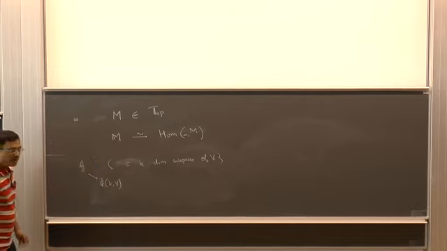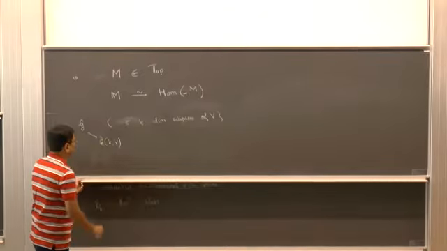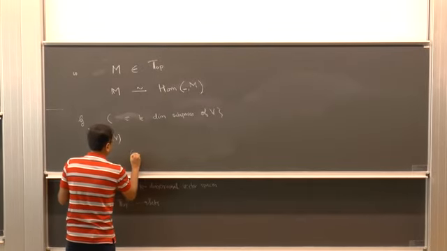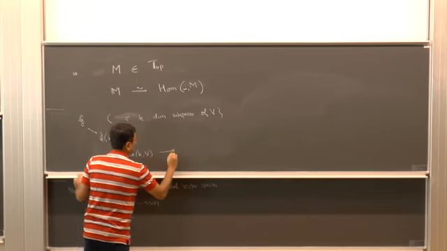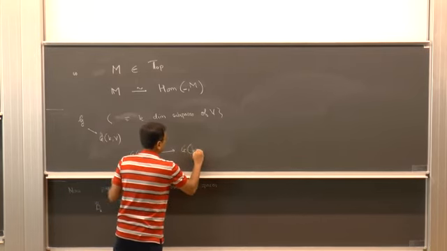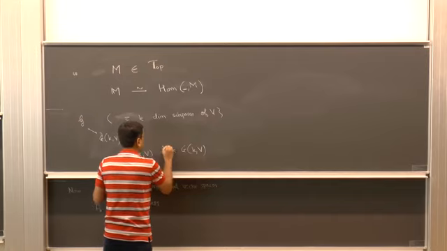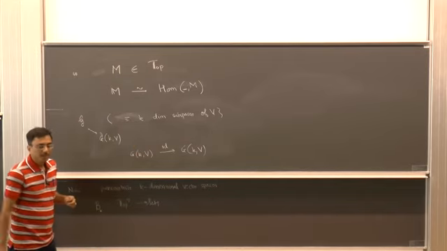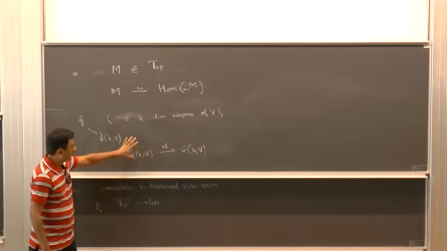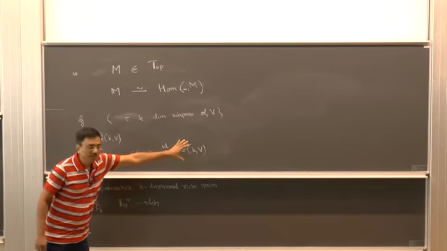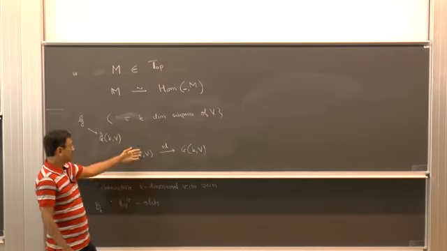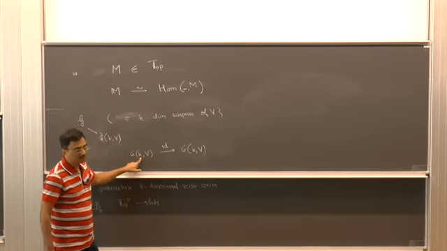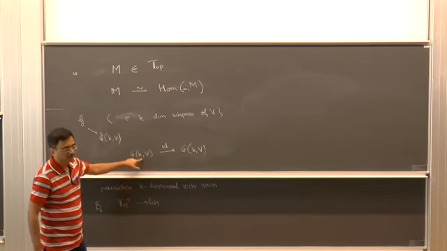Now I look at the identity map from G(k,V) to itself. Any map from a topological space to G(k,V) corresponds to giving a family of k dimensional subspaces on this topological space.